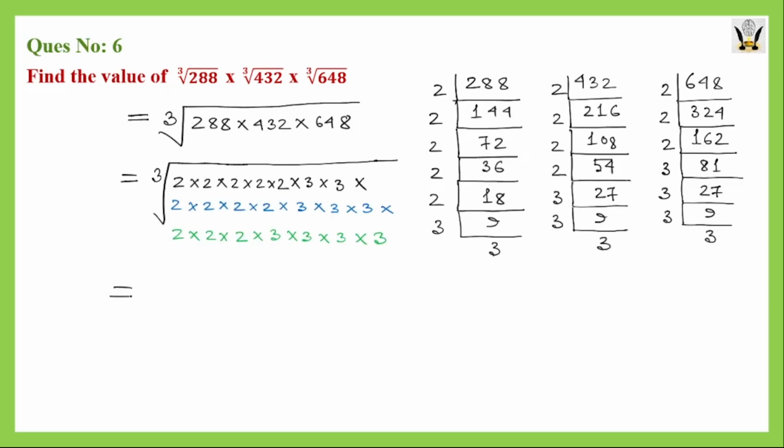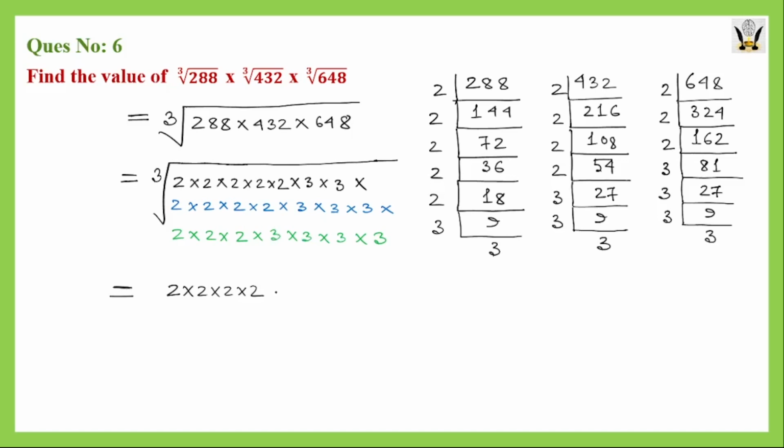So here I have factorized all these values, 288, 432 and 648, and written them in terms of their factors. Here we can see 1, 2, 3, 4, 5, 6, 7, 8, 9, 10, 11, 12. We have 12 twos. So when it comes out of that cube root, we will have 2 to the power 4. Similarly here we have 1, 2, 3, 4, 5, 6, 7, 8, 9, 3s.